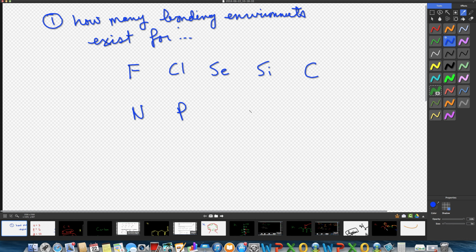By bonding environments, let's tackle the first one. There's only one. Fluorine makes one bond with 3 lone pairs. That is one bonding environment.